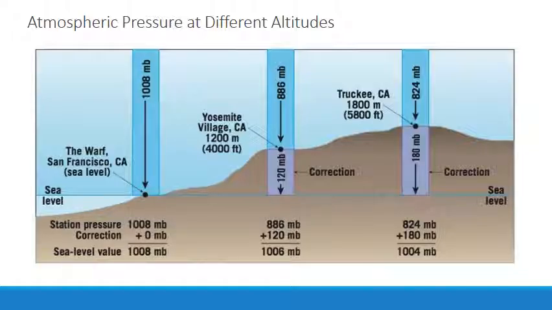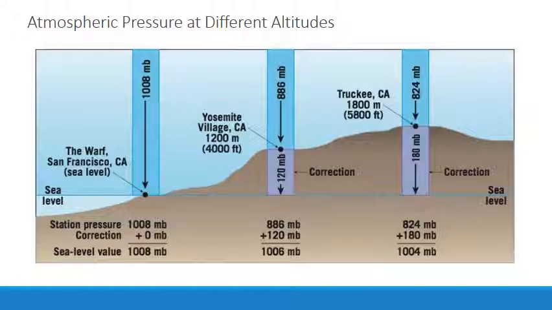Remember that air pressure drops with increasing elevation, and without those adjustments, all the regions located at high elevations would be mapped as having low pressure. And locations below sea level, like Death Valley, California, would report high pressure readings. To compensate for altitude, all of the pressure measurements are converted to sea level equivalents.